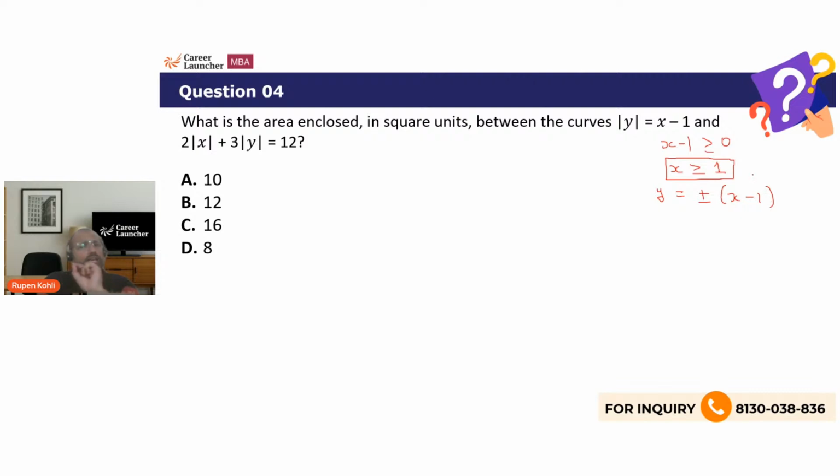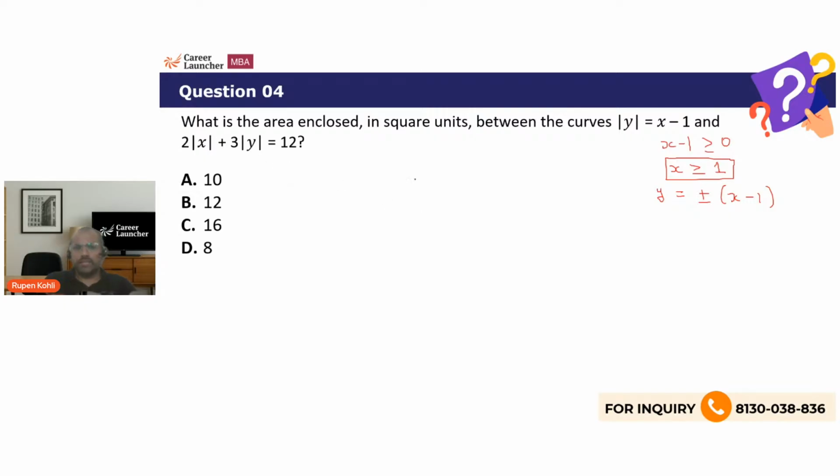So it looks like this graph basically will consist of two straight lines, but they are restricted. They are not lines in the sense of being infinite on either side. It's more like a ray, I would say, because it starts only from x equal to 1 and then goes further. And this one, 2 mod x plus 3 mod y equal to 12.